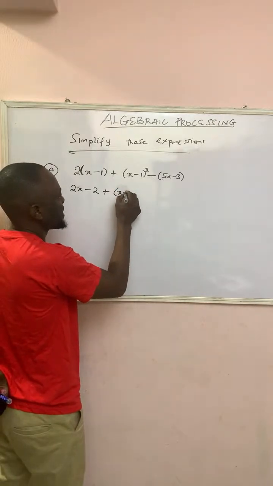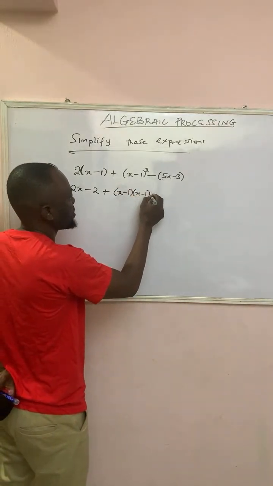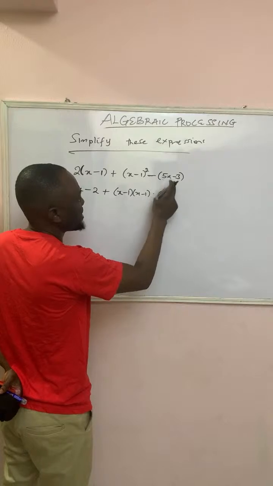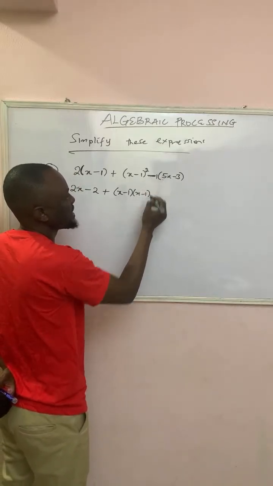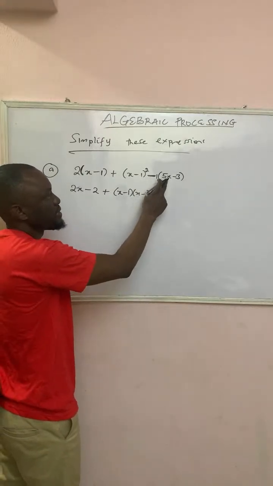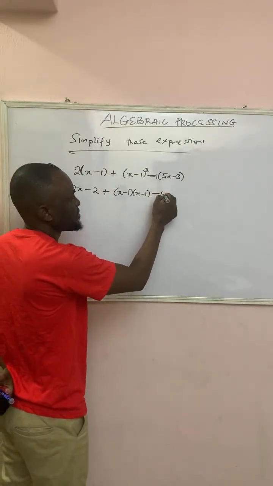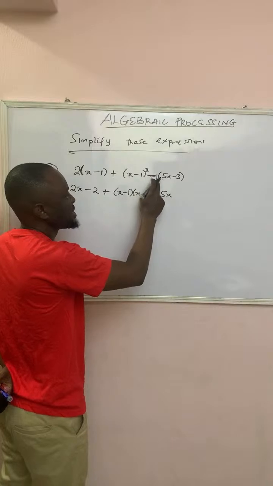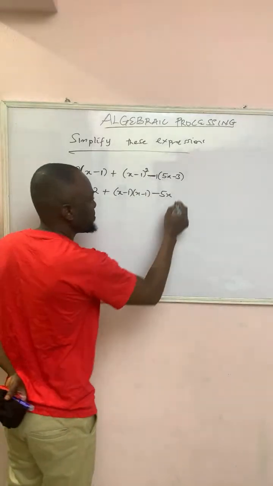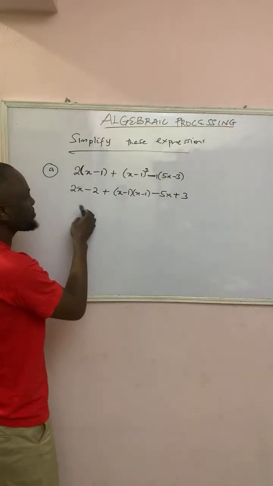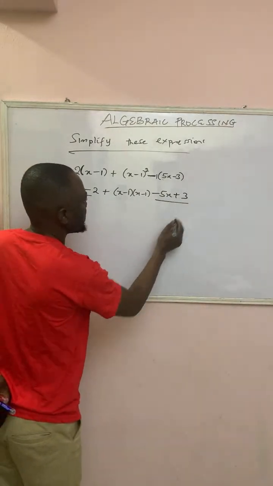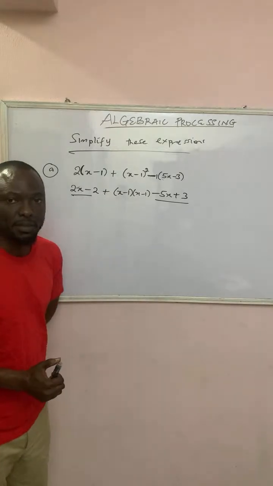Here, this negative is more like saying negative 1. Negative 1 times 5x will give me minus 5x. Negative 1 times negative 3 will give me a positive 3. All right? So let's leave this and this because they are already in their simplest form.